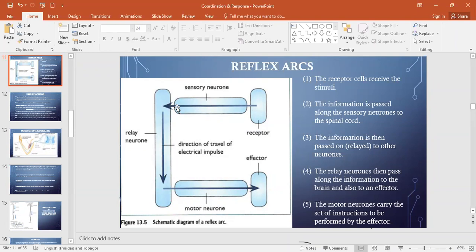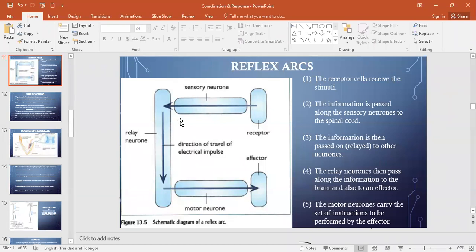At the end of the sensory neuron, when it reaches your relay neuron, which would be found, for example, in your spinal cord, it passes it on, and it's just like a relay race. So you know how in a relay race, let's say four of you are running a relay. The first person doing the first leg of the race would run and pass the baton on to the second person, then the third, then the fourth, and he would finish it off.